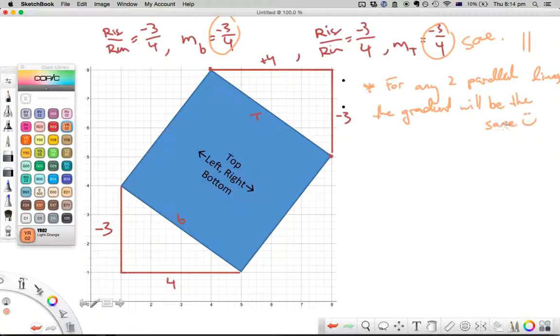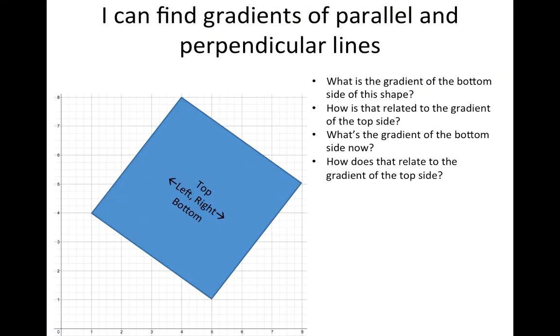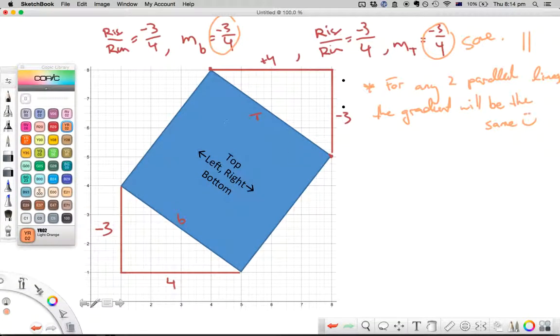Good to know. So we've just found that no matter how we rotate this square, you can imagine on this diagram, if we were to rotate it a little bit anti-clockwise, a bit more, and it were to come out like this, you can see that again, this gradient and this gradient would be the same. So for any two parallel lines, the gradient will be the same.